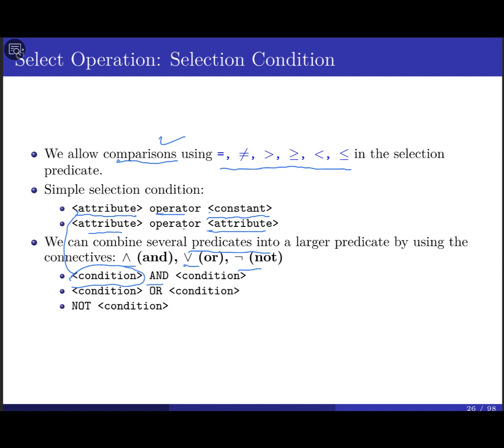Then you can say and with another condition of the same form, and you can add or another condition, and you can use parentheses in order to specify the order. We're going to have some examples about this later. So you can build whatever predicate that you want. Of course, you need to come up with the right one. It depends on the query.